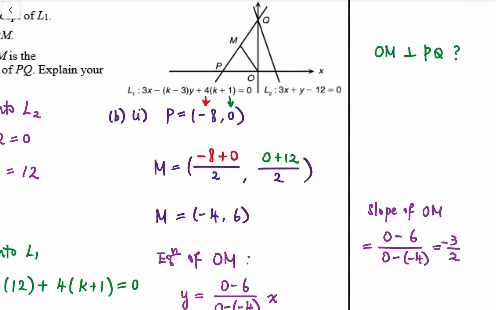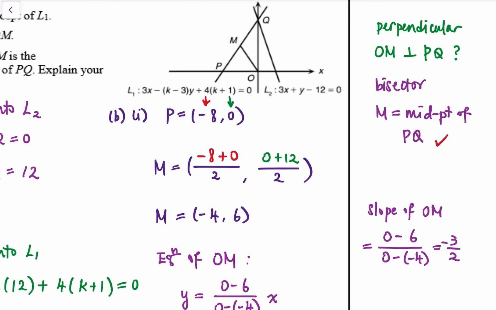So this is the perpendicular part. We also have the bisector part, which is M is the midpoint of PQ. The bisector part is okay. We know M is the midpoint of PQ because OM is the median of PQ. So that's why M is the midpoint.